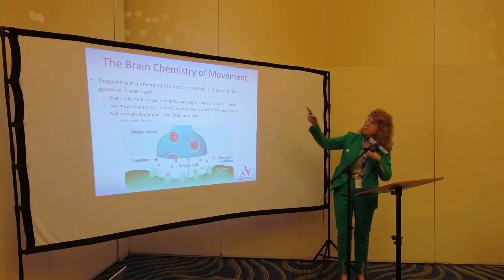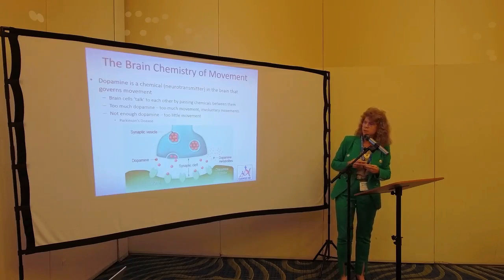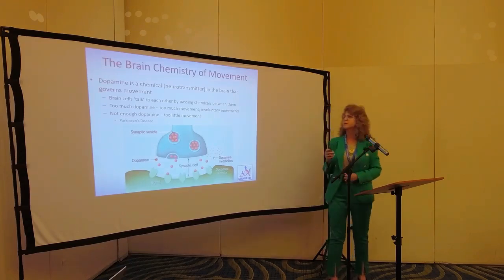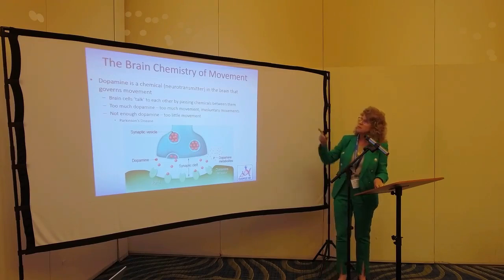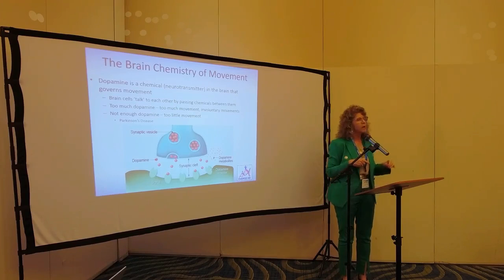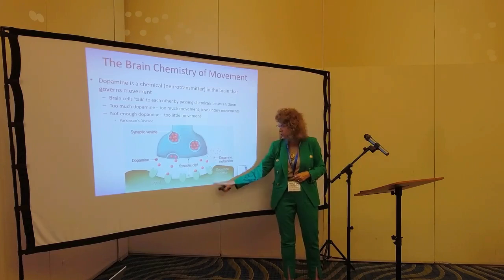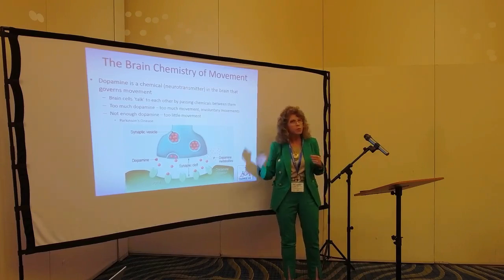And I just want to step back a little bit and talk about brain chemistry. This is a little bit of a simplification, but I think it's helpful to think about it this way. Dopamine is a chemical, in the brain it's called a neurotransmitter. So neuro means brain cell. And this is a picture of one brain cell talking to another brain cell. And that's how our brain works.